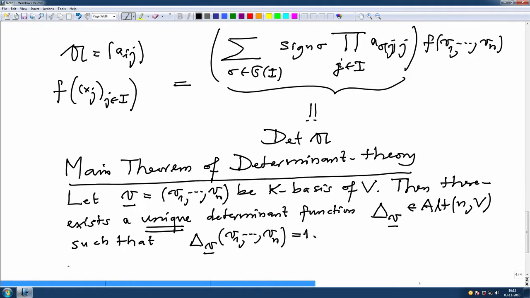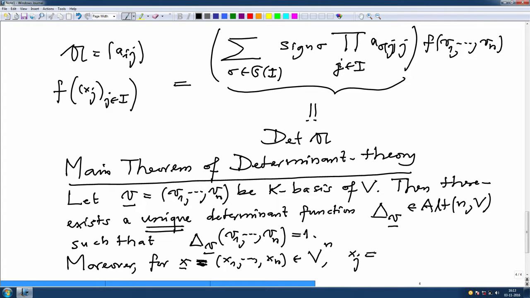Moreover, actually we can write down what delta V is. For any other tuple x equal to x1 to xn in V^n, write each xj as summation aij vi. This we can do because i is from 1 to n and V1 to Vn is a basis.